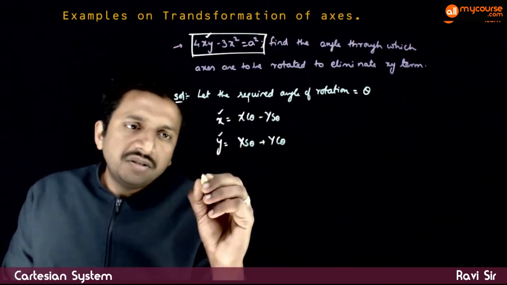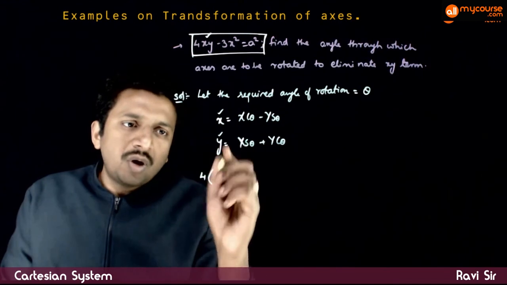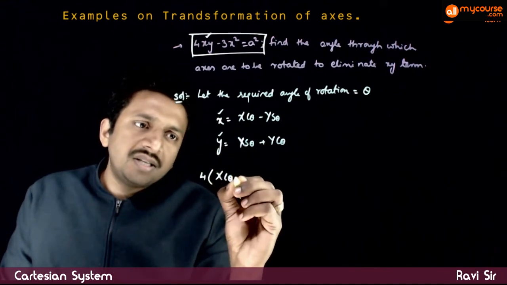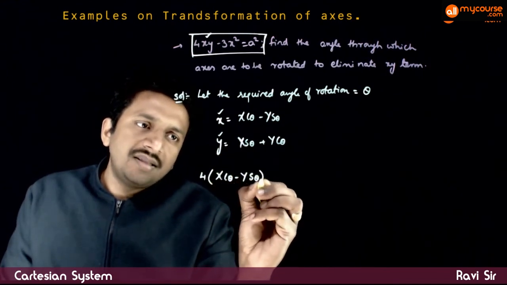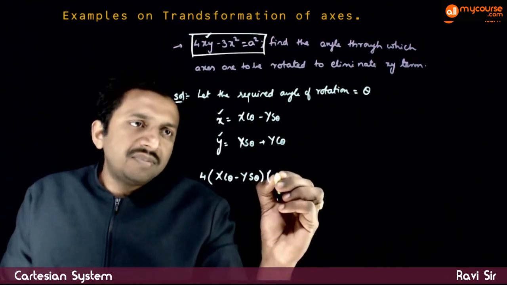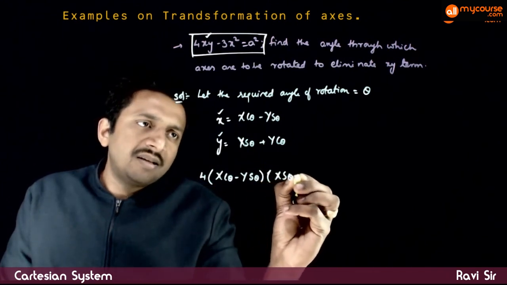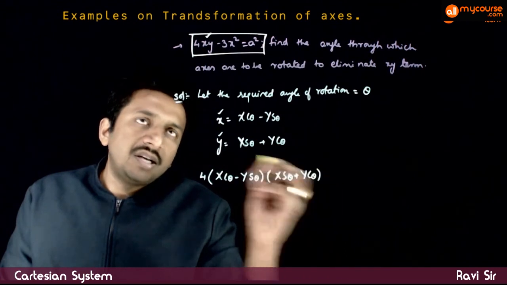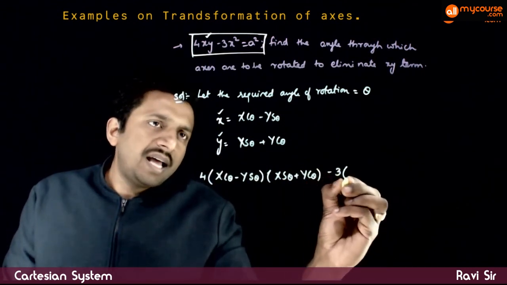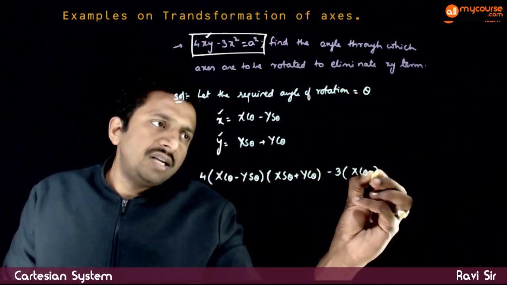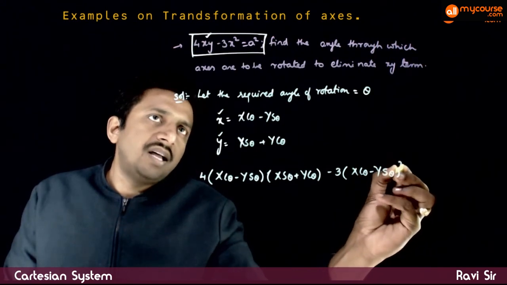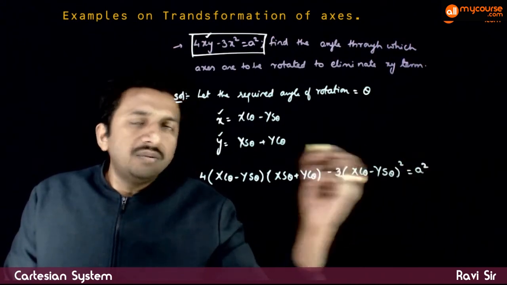So what is the equation? 4 times (X cos theta minus Y sin theta) times (X sin theta plus Y cos theta), minus 3 times (X cos theta minus Y sin theta) whole square, is equal to a square.